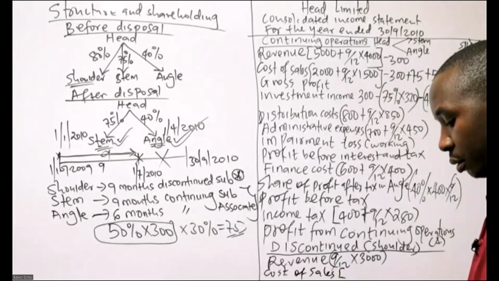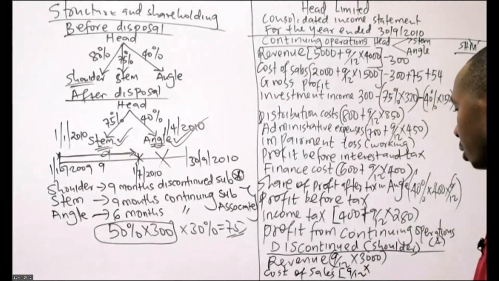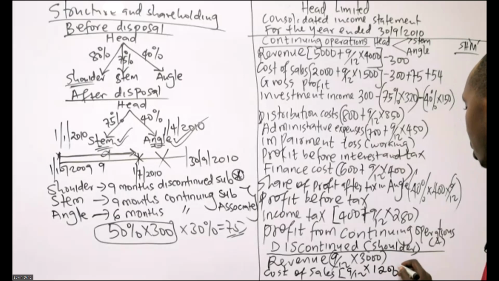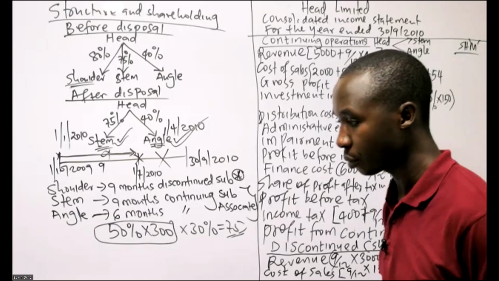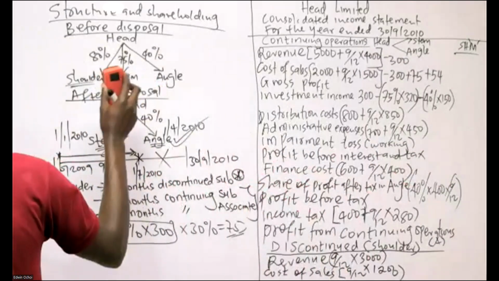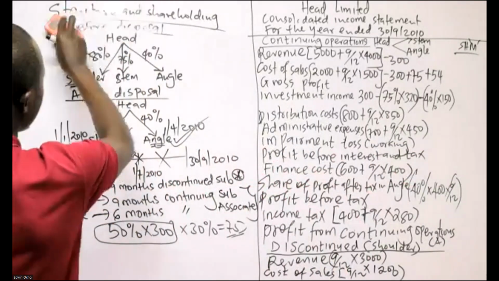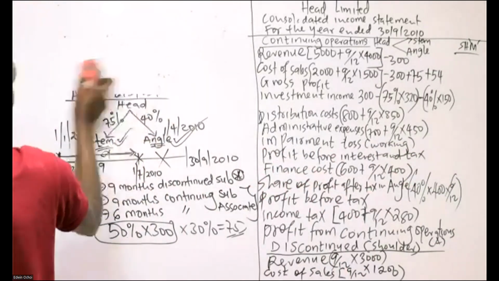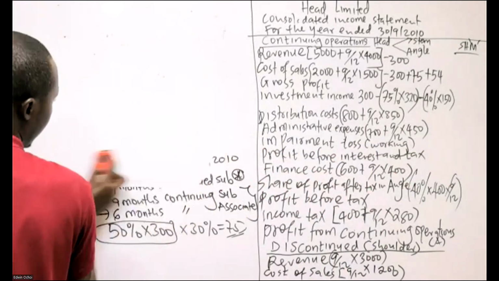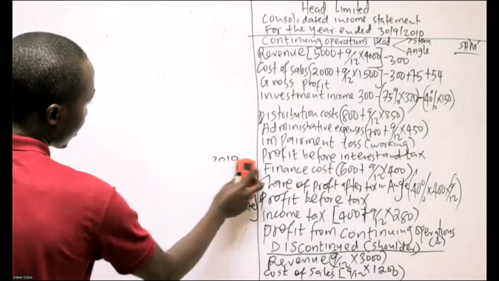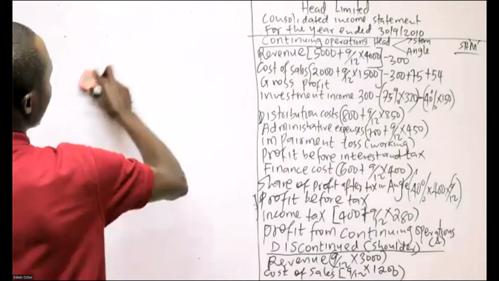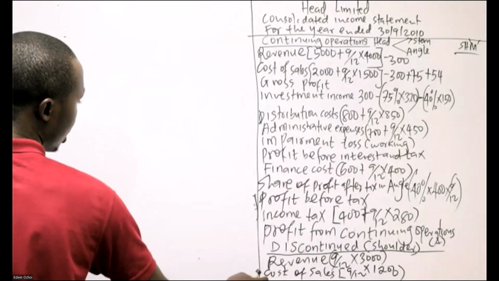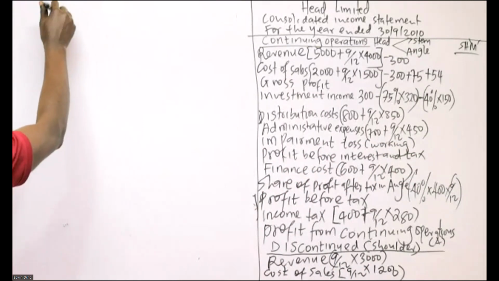We go to the cost of sales. So cost of sales is 9/12 times 1,200. So revenue, you deduct cost of sales, you get your gross profit.